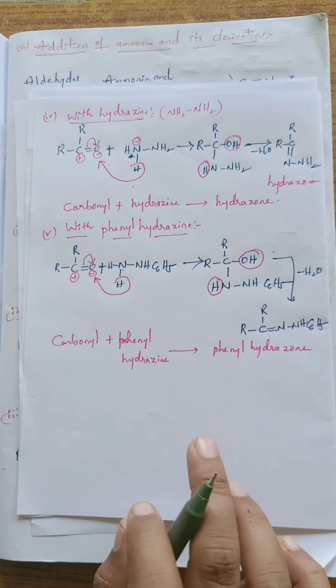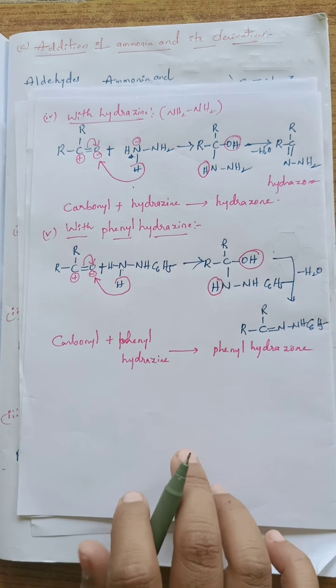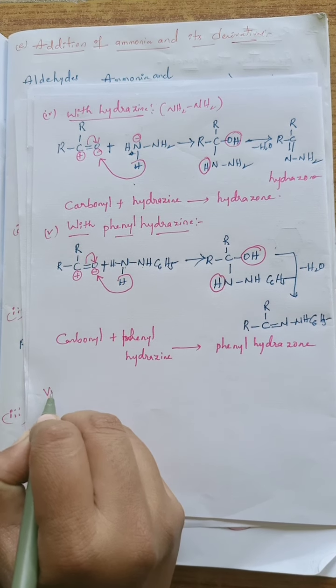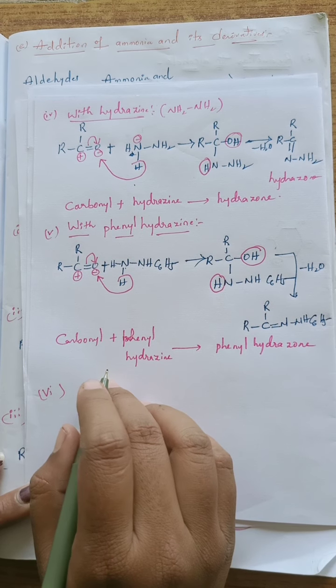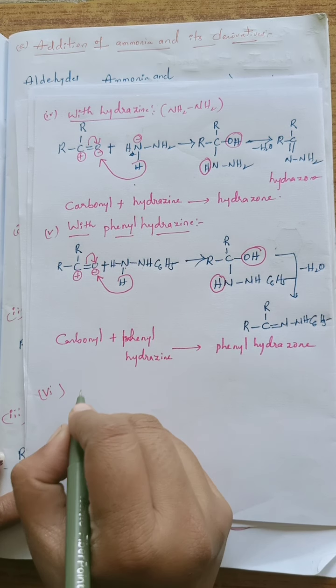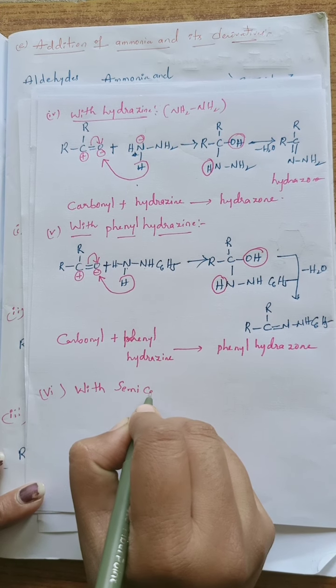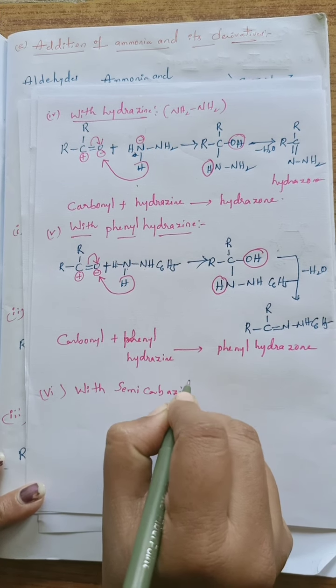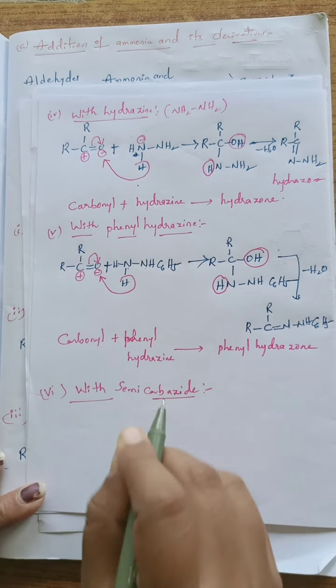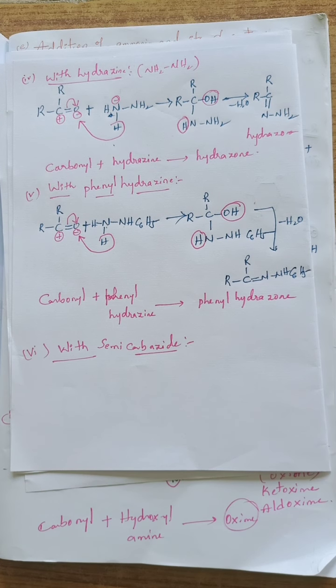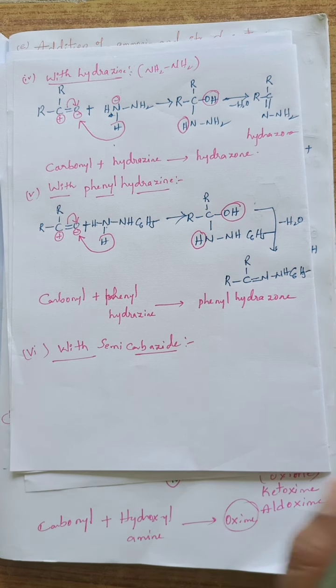The last reaction under this reaction with ammonia and its derivative is the sixth one, that is reaction with semicarbazide. Semicarbazide is nothing but NH2, NHCO, NH2.